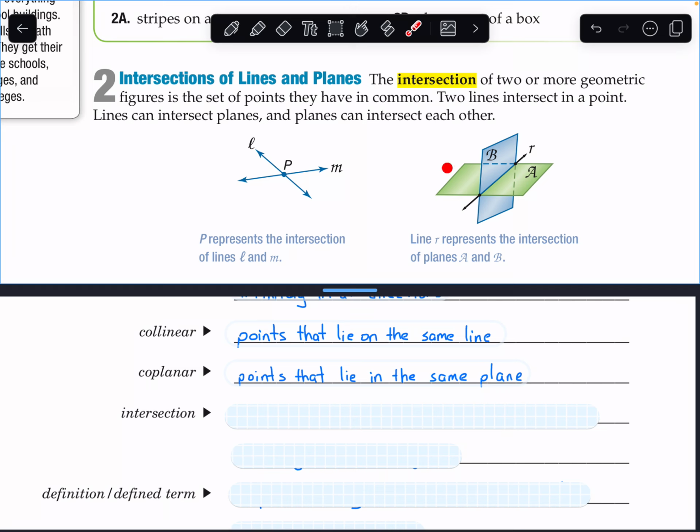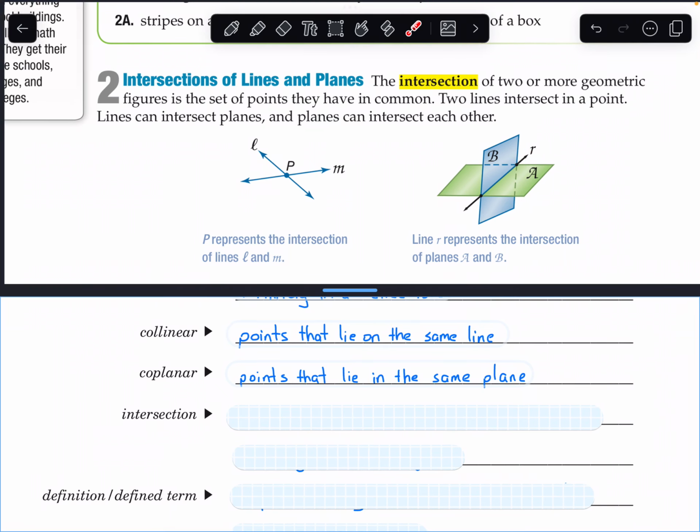The planes: you have to think of this as a horizontal sheet of paper here in green, plane A, and a vertical sheet of paper, plane B. And we've done some sort of an origami trick here to have them cross through each other, and that intersection between the planes looks, well, I don't want to spoil it, but I'll spoil it here. It looks like it's going to be some kind of a line.